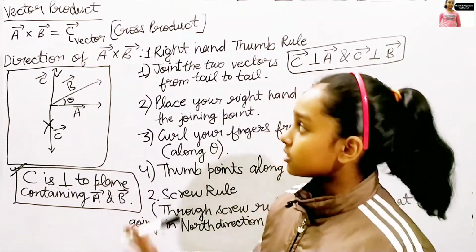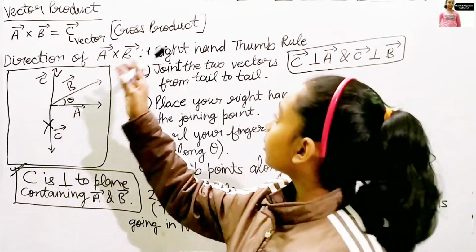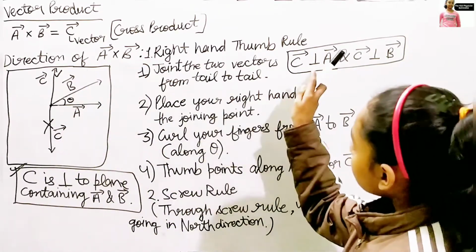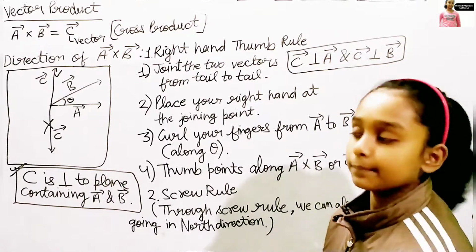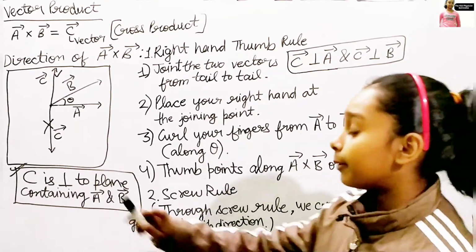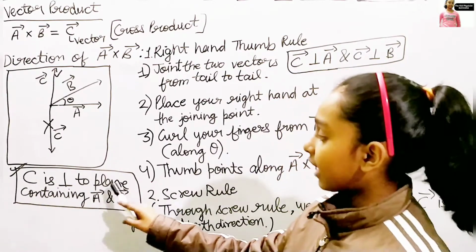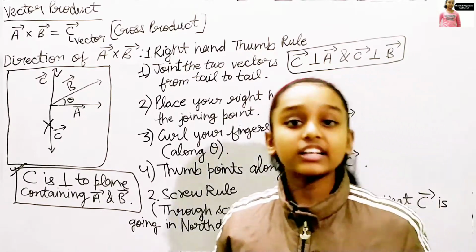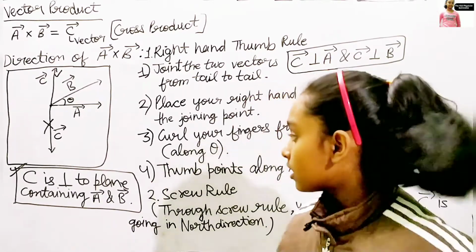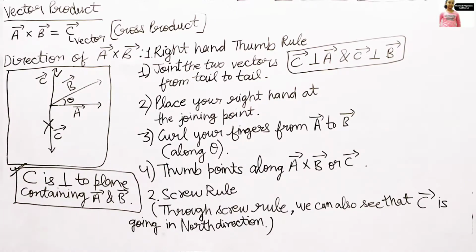Got it? And to find the direction, there are two rules: right hand thumb rule and screw rule. And remember that C is perpendicular to the plane containing vector A and vector B. If you want to note it, pause the video.